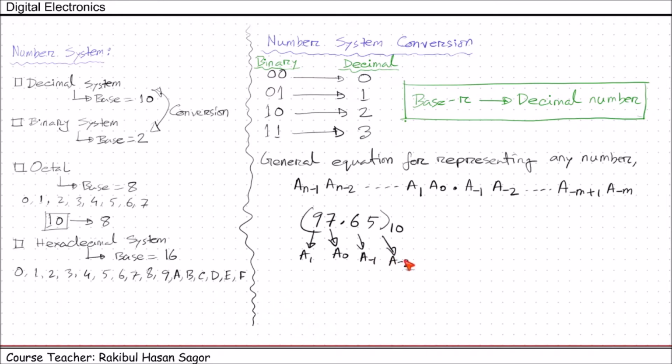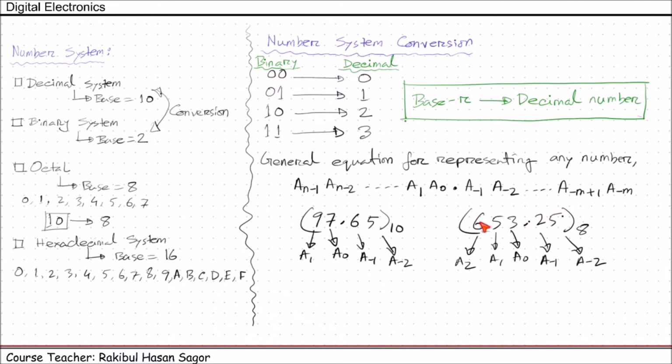If we have a number 653.25, and this is an octal number, here this is a0, this is a1, this is a2, and this is a minus 1, and this a minus 2. So this is the general way of representing any number.